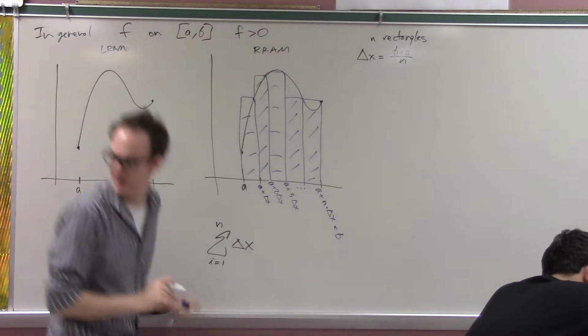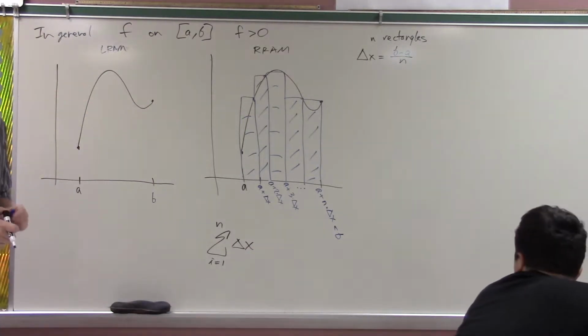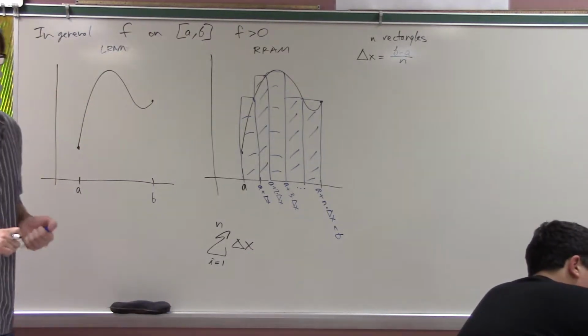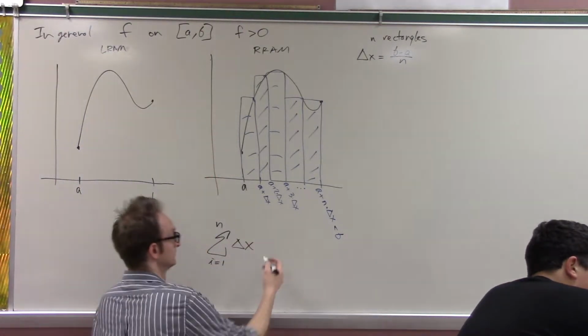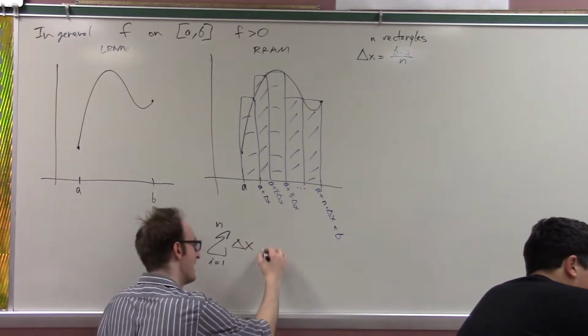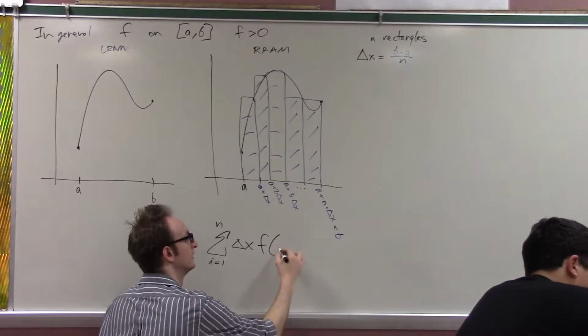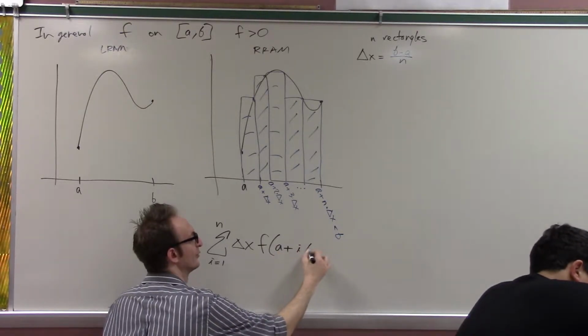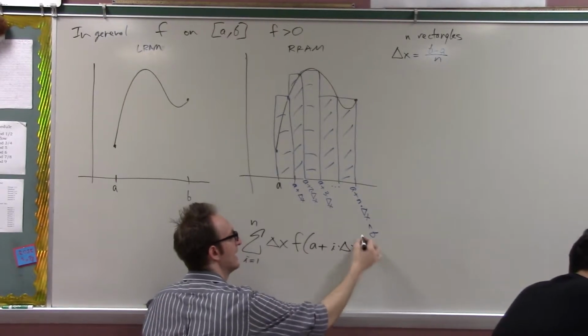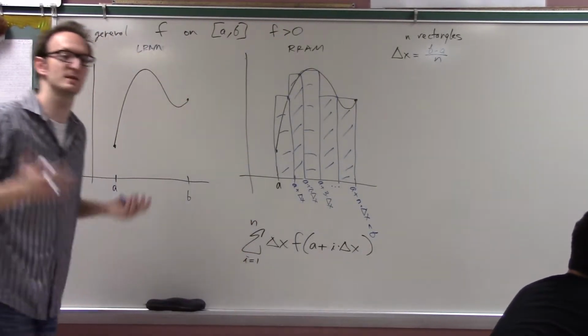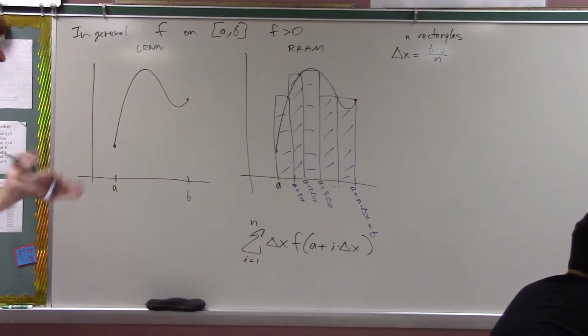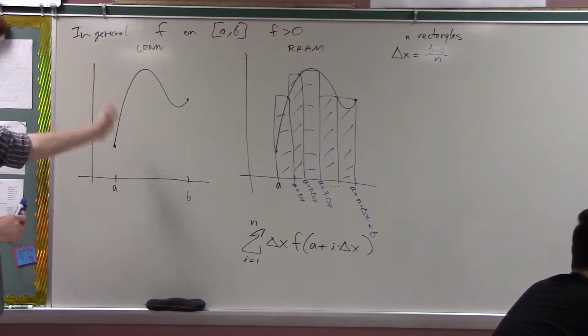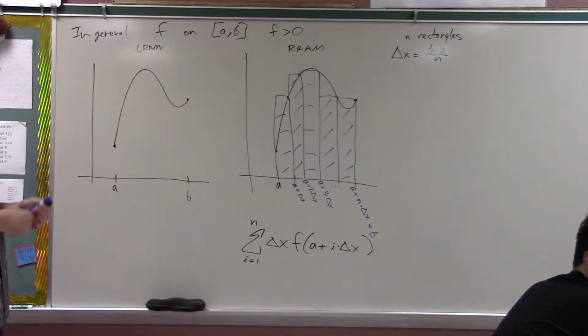And what is the height of the ith rectangle? F of a plus, and I've moved over delta x i times. Right. So this is exactly all the stuff we've been doing. We're now just doing it in a sort of theoretical, abstract manner. Okay, leaving that on the board for the moment. So that's Rm in general for some function on the interval from a to b.